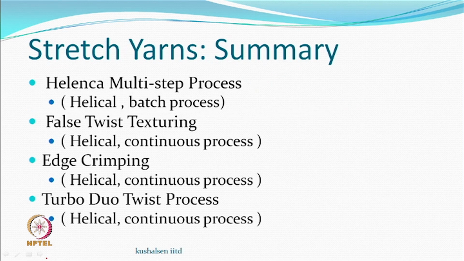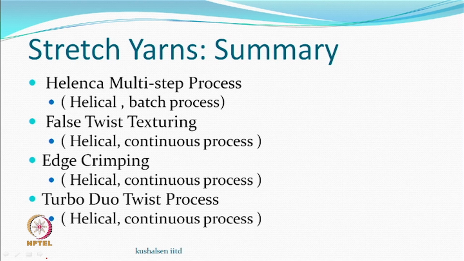So, let us summarize. Stretch yarns, Helenca multi-step process. It also gives you a helical structure, but it is a batch process. False twist texturing is a continuous process. It also gives helical structure. Edge crimping also gives helical structure as a continuous process, and turbo duo we just finished also is a helical process.